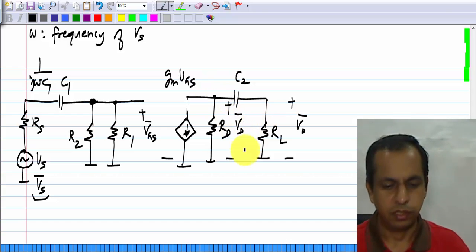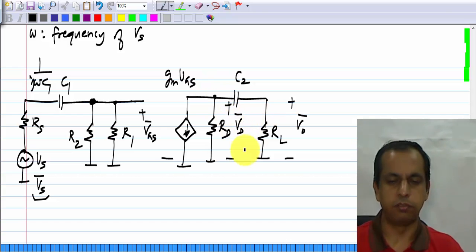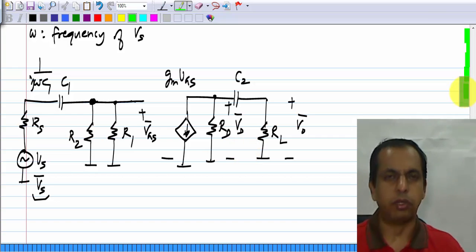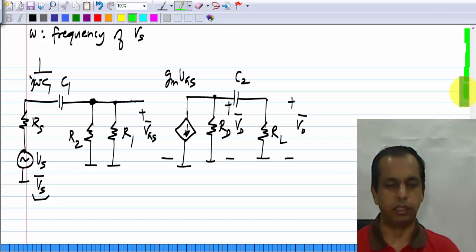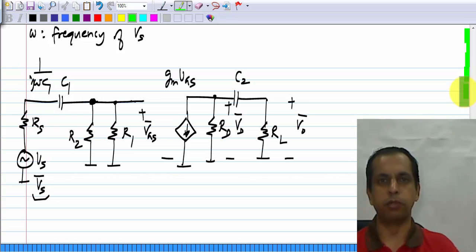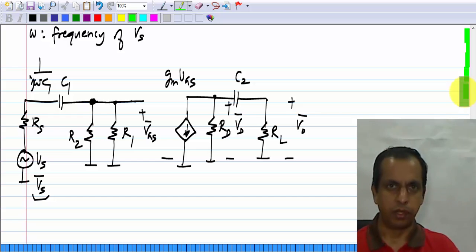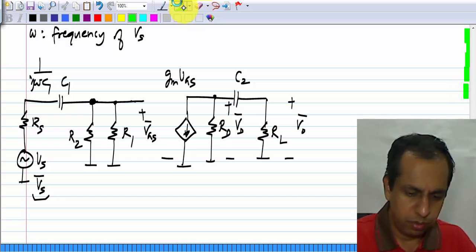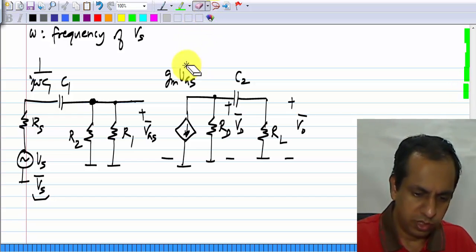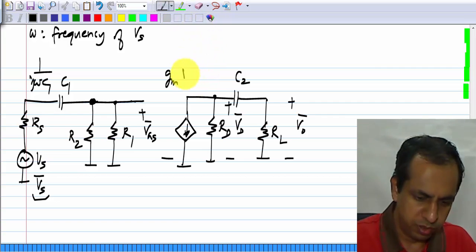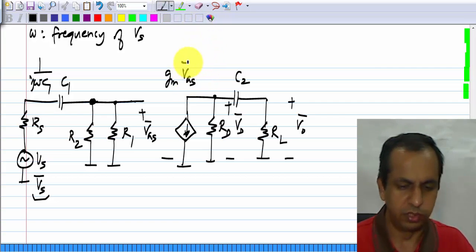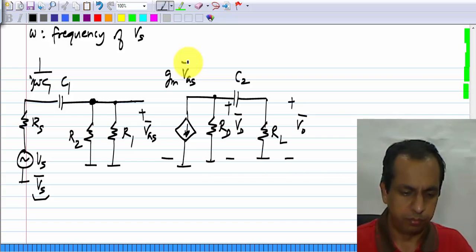That is the incremental drain voltage phasor, or the voltage between drain and source. Now, I will assume that you are all familiar with sinusoidal steady state analysis. If not, please go back to basic electrical circuits and brush up your basics. Now, this current source of course is gm times Vgs, which is the phasor.